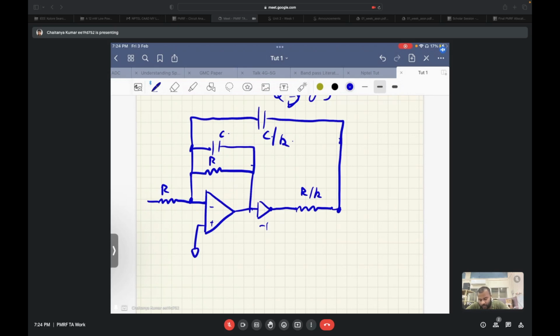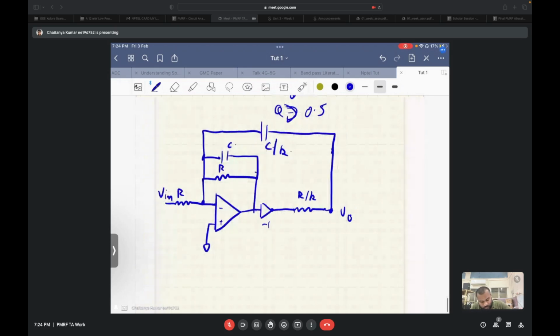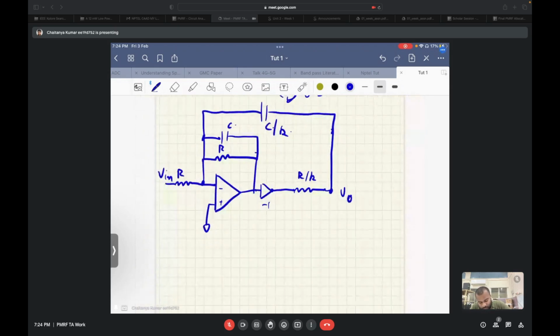Now, if we try to analyze the transfer function from V in, and this is the output node, what we get here is the following. So this is V naught. This is a grounded node, and this is a virtual ground. If we call this node Vx, then this complete thing is nothing but a low pass transfer function.